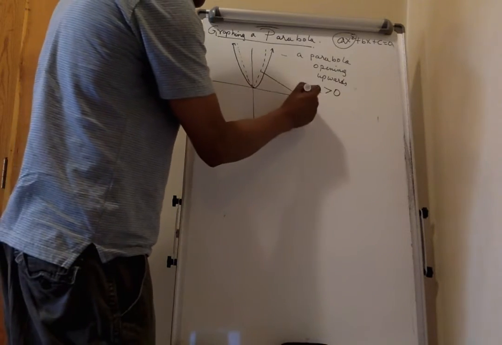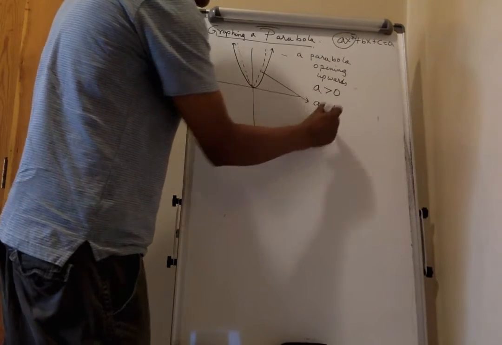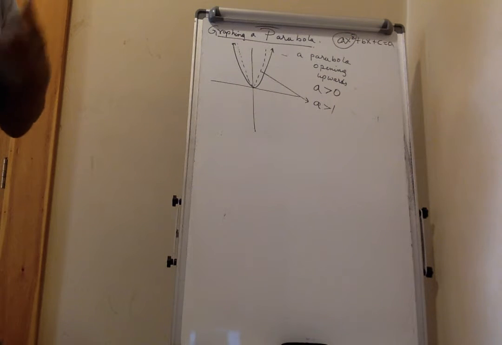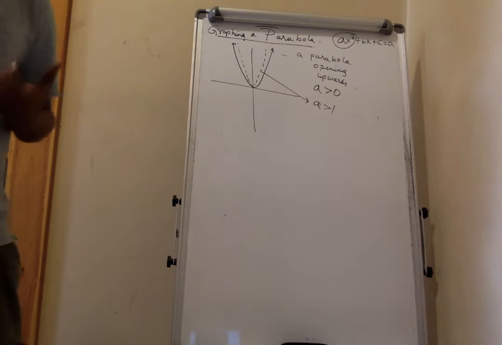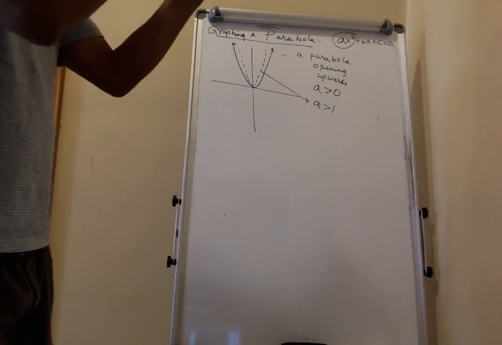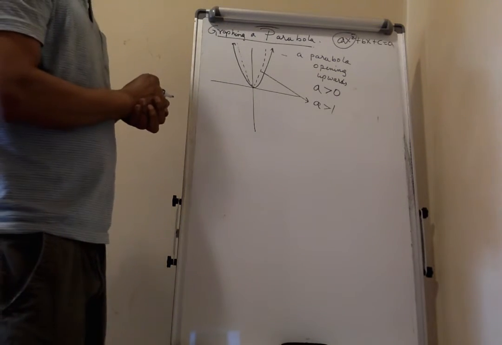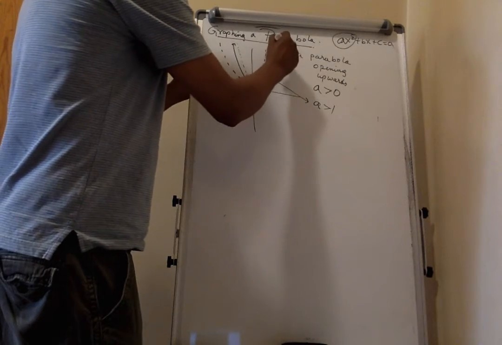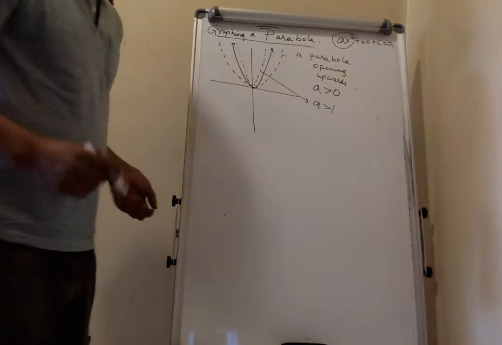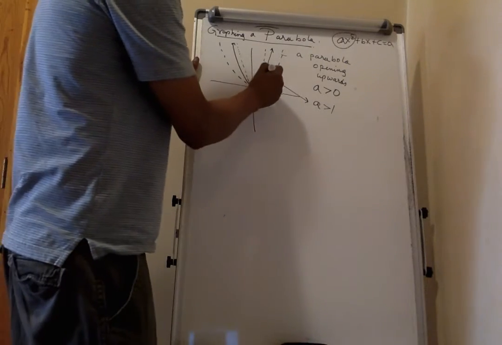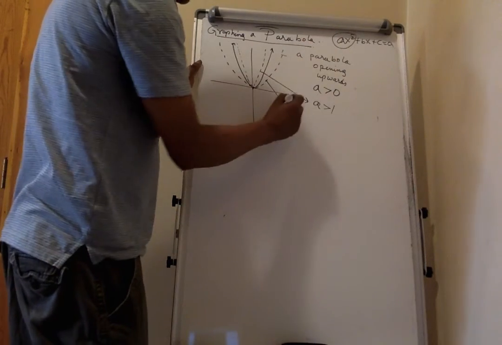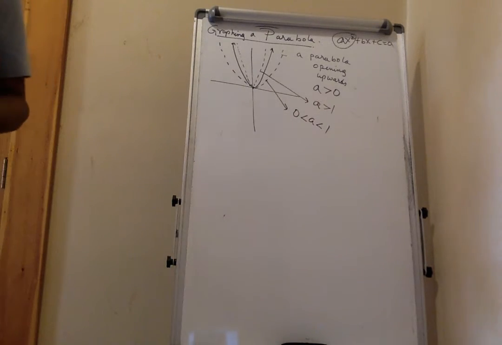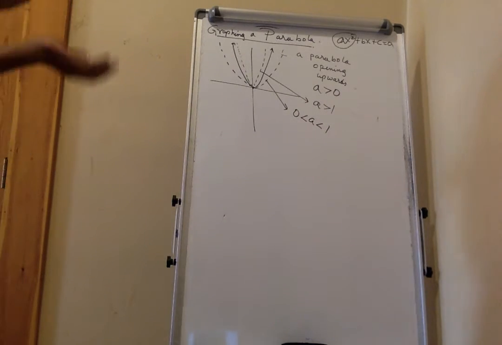This happens when a is greater than 1. It could be 2, it could be 3. The larger the value of a, the narrower the parabola gets. And then what about when the parabola widens up? It tells us the value of a is some number between 0 and 1. It's a fraction, a decimal. So you need to know that.